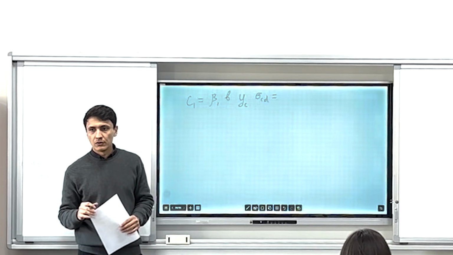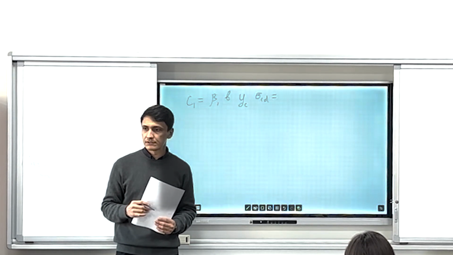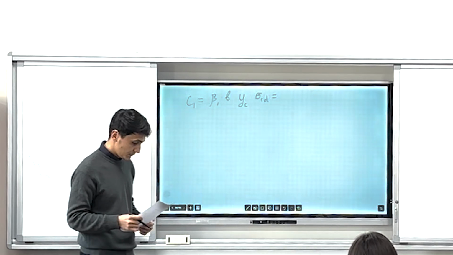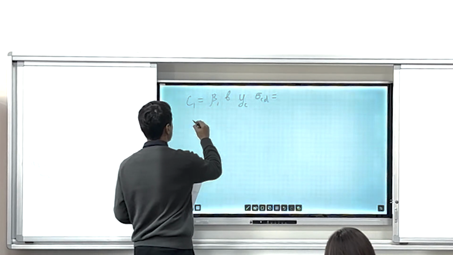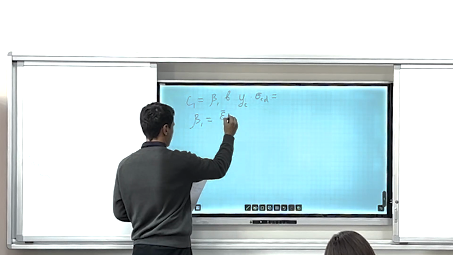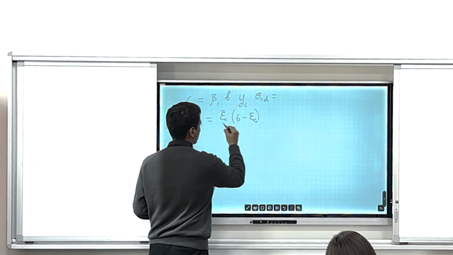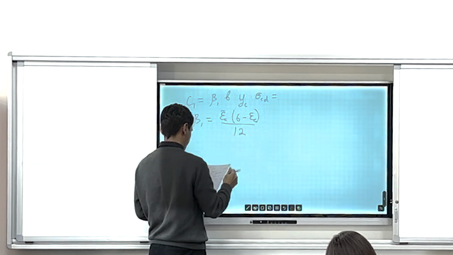I will show at the end from which equation in the Eurocode it comes. For now, just remember that beta 1 is equal to epsilon c times 6 minus epsilon c, divided by 12.